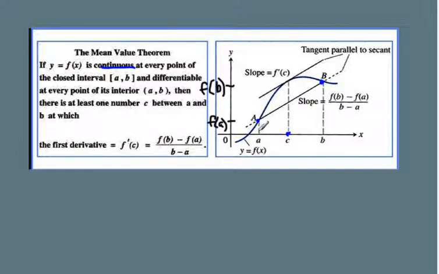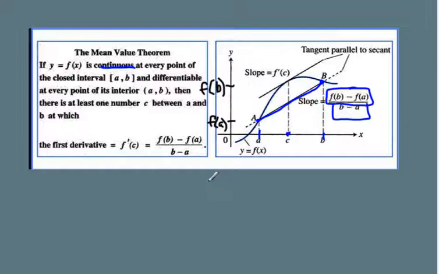We find the slope of this line right here by simply subtracting your y values over your x values. So f of b minus f of a over b minus a is my slope. And then that is going to be equal to this line right here, which is the tangent.